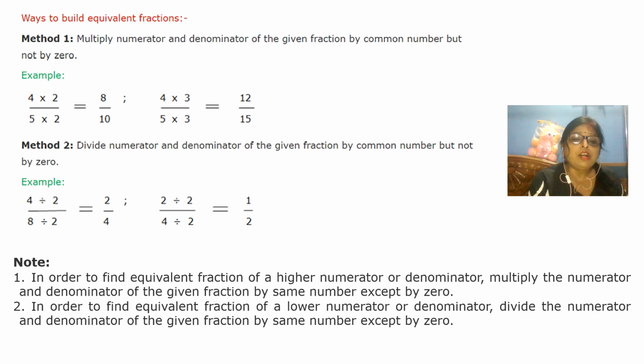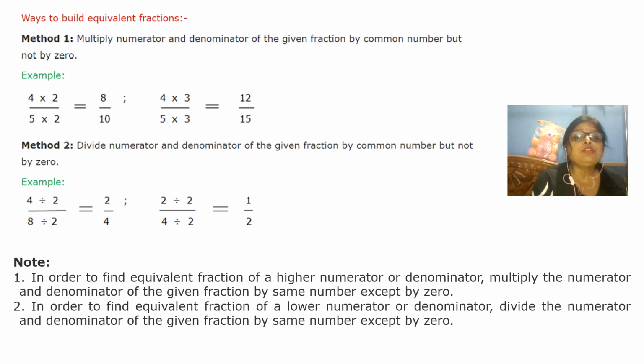Another, in order to find an equivalent fraction of a lower numerator or denominator, you have to divide the numerator and denominator of the given fraction by the same number except by 0. Then you will get the equivalent fraction.